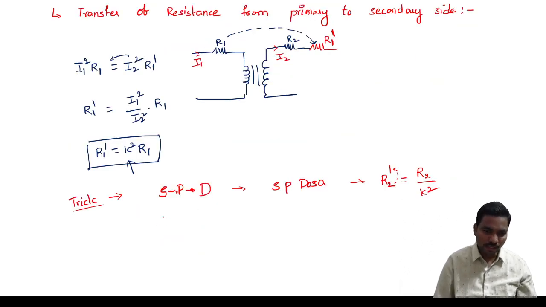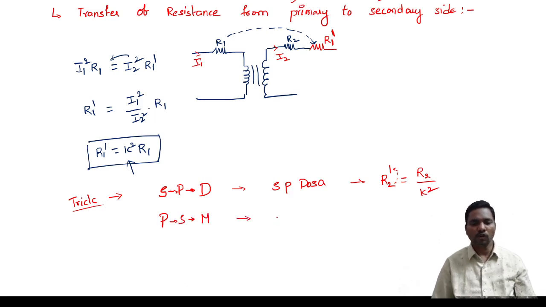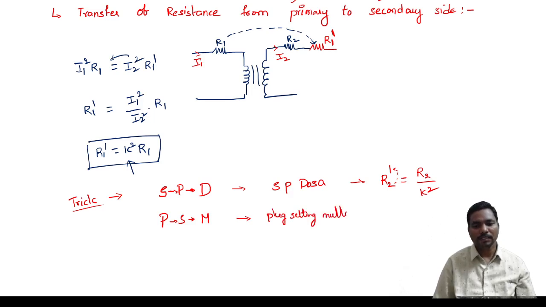And the second one, primary to secondary. What do you get? Multiplication, M. You know very well plug setting multiplier, PSM, in power systems.